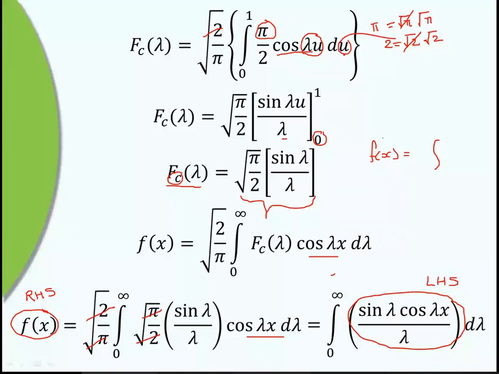Then, whether the terms in the integration contain cos lambda x or sine lambda x or both, depending on that, use the corresponding Fourier transform. Here we use the Fourier cosine transform. Solve the single integration, simplify it, and use the formula of the inverse Fourier transform. Because of that, we get f of x in the form of an integration. Then simplify it and check whether it gives the required term or not.